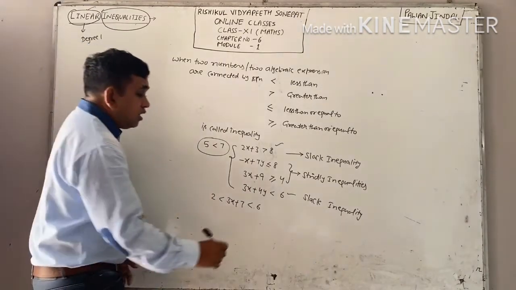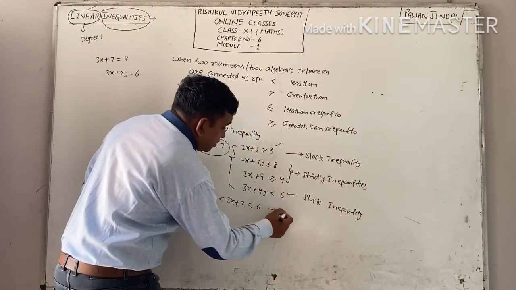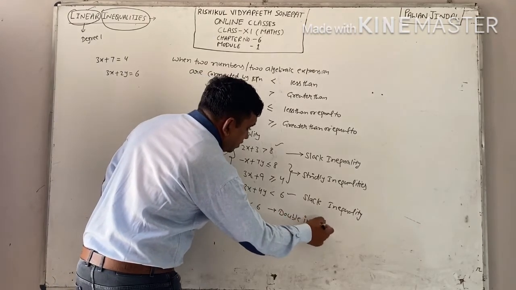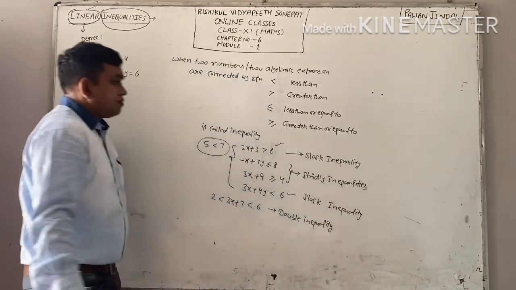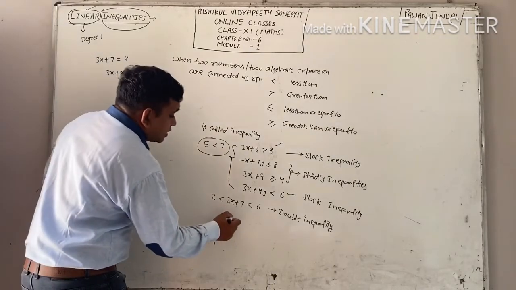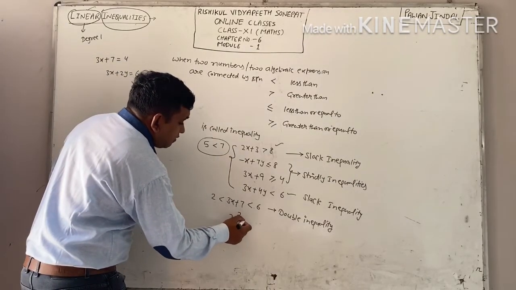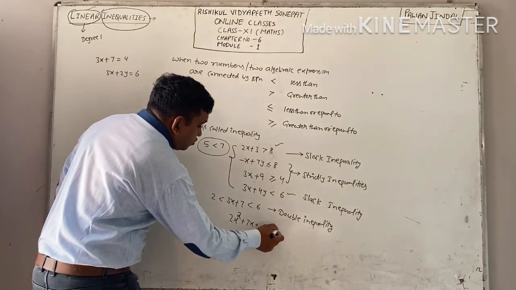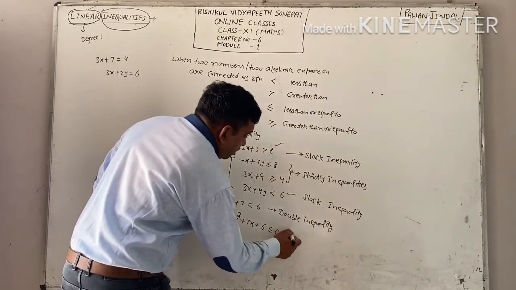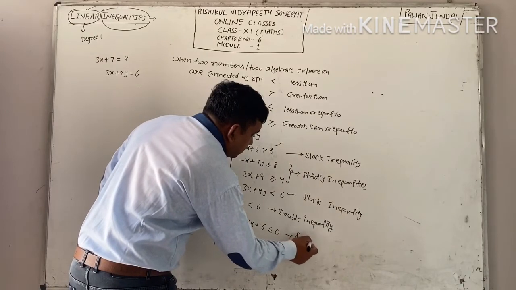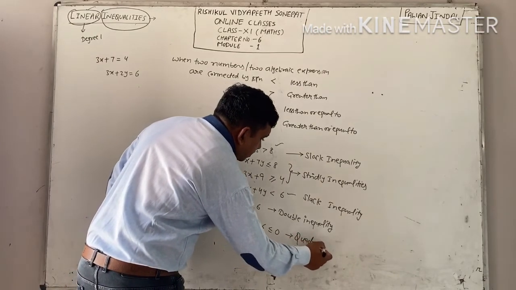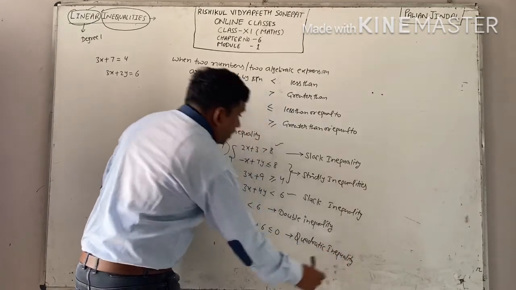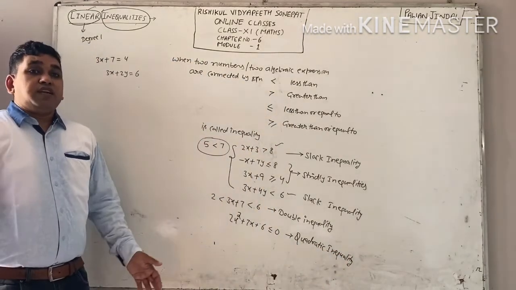This is called your double inequality. 2x square plus 7x plus 6 less than equal to 0. This is called your quadratic inequality. All these are your examples of inequality.